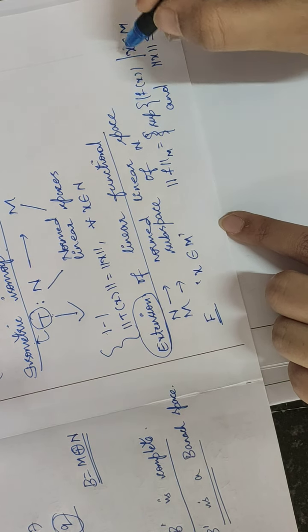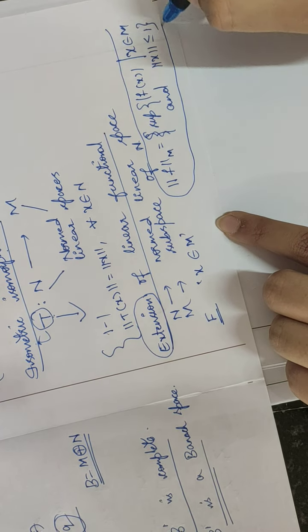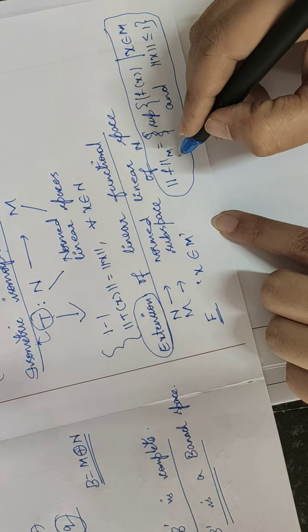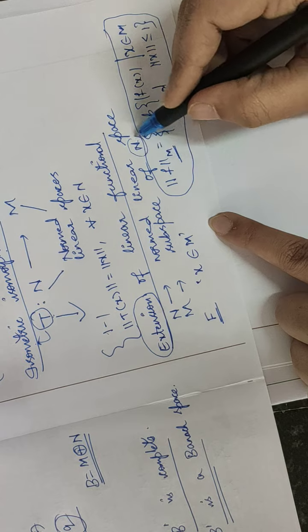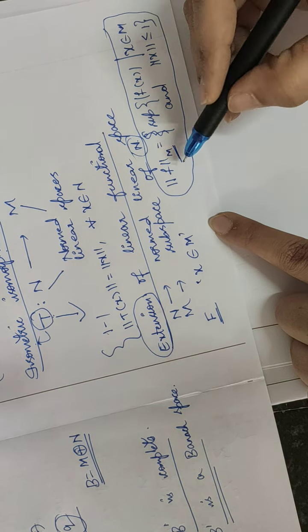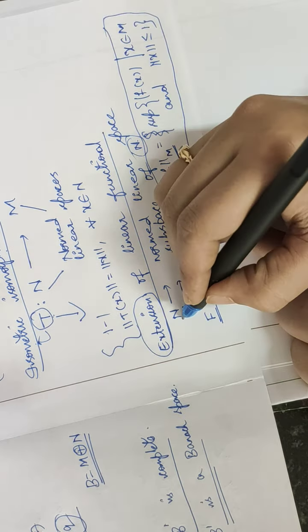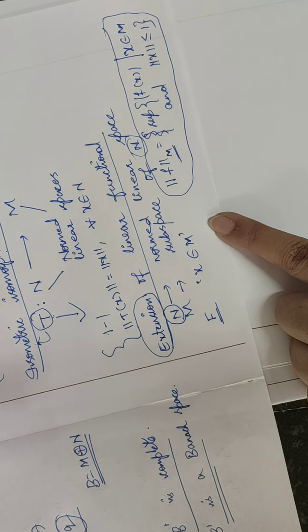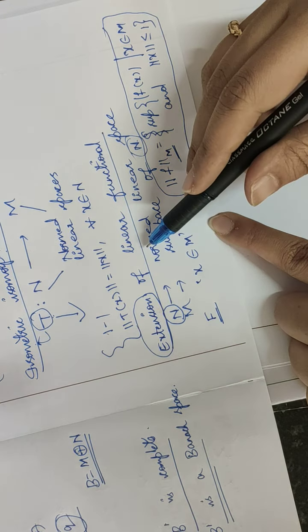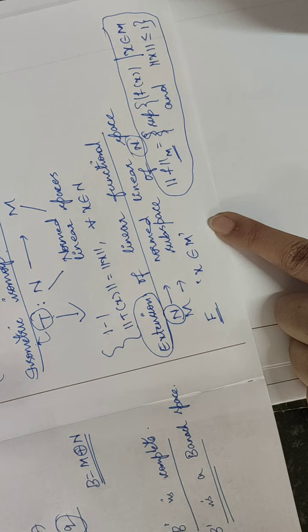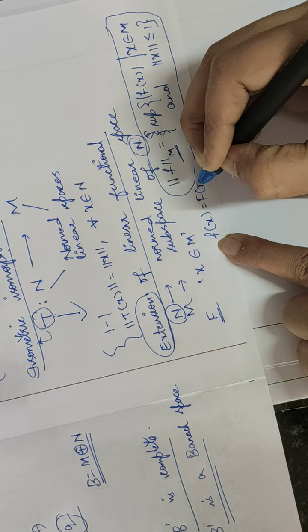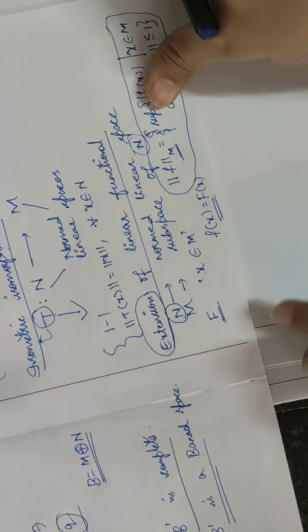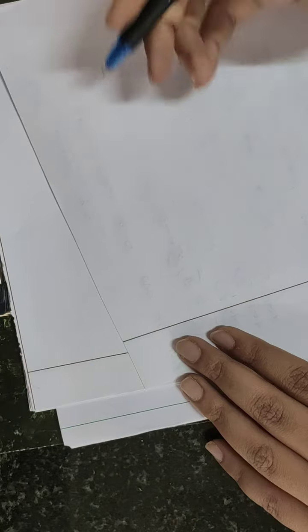So for example, we are defining some function in this way, which is in the space M, that is a subspace of your normed linear space N. If I extend this function to the whole space N, then I can say that F is an extension of the linear functional.